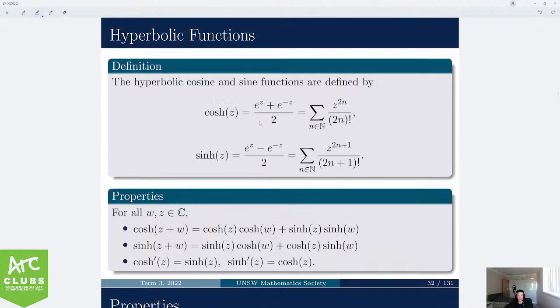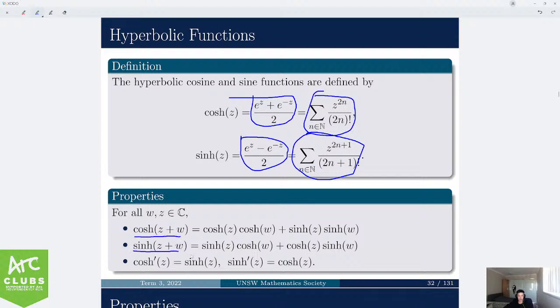Hyperbolic functions are also defined in terms of the exponentials, which in turn are defined by the Taylor series. And common properties, these are your compound angle formulas. So cosh of z plus w is just cosh z cosh w plus sinh z sinh w, and same with sinh.